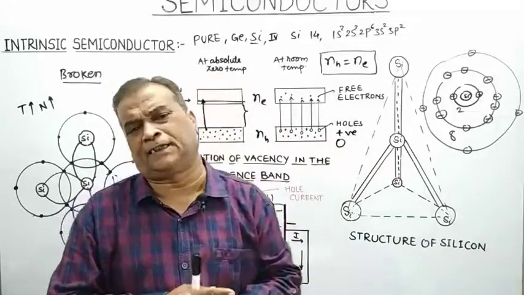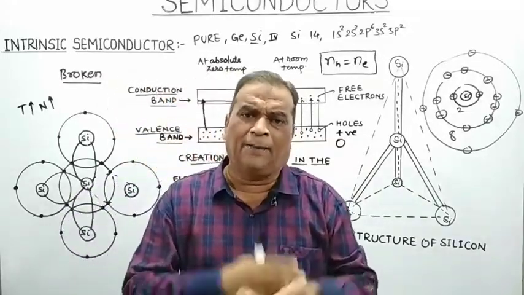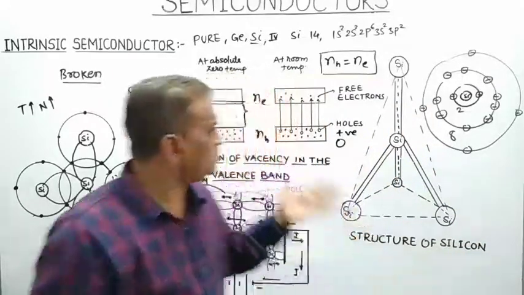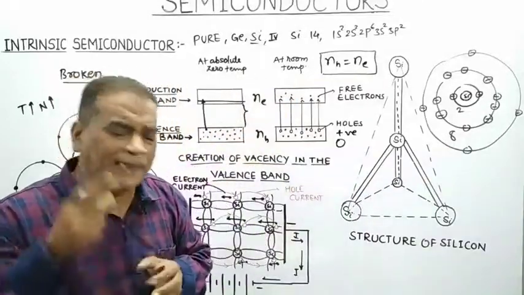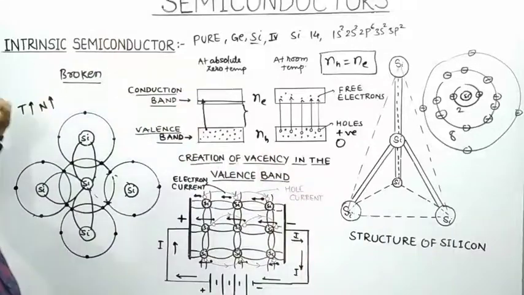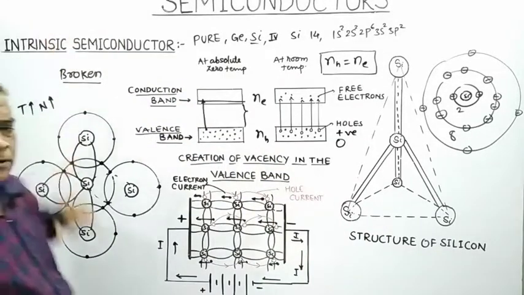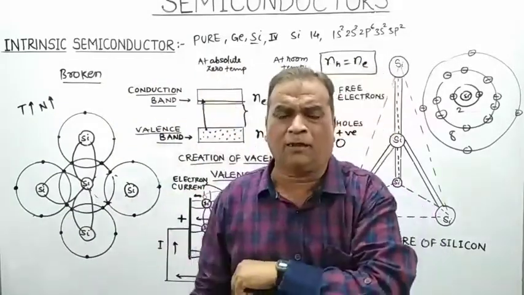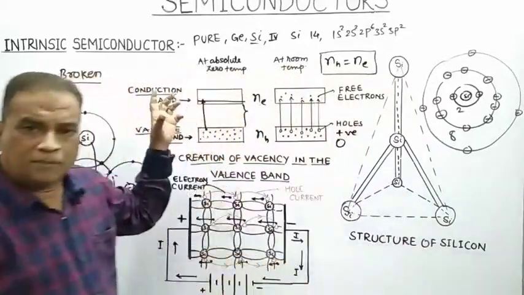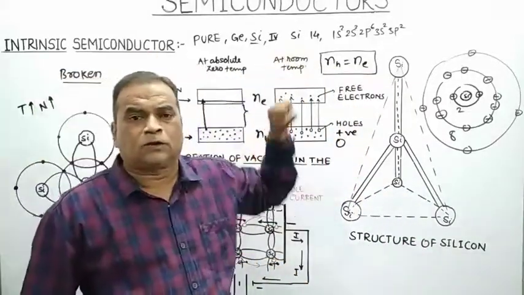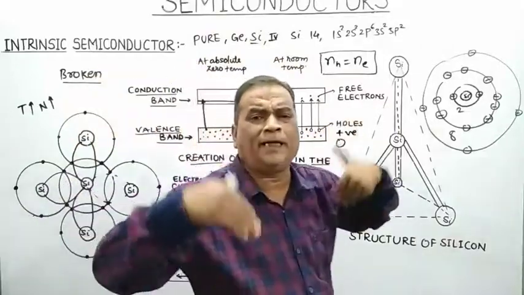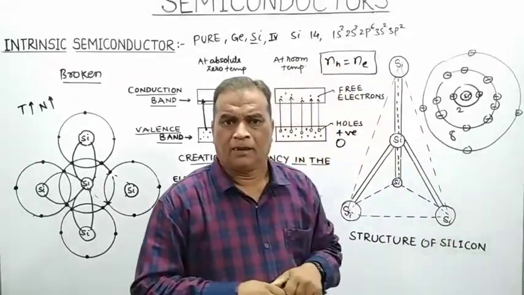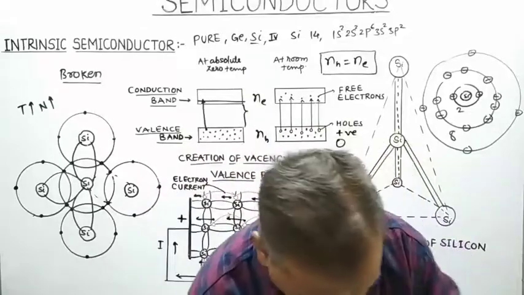Means there are two charge carriers in an intrinsic semiconductor, and both of these charge carriers or any one of them may contribute in the flow of electric current through it. And due to this property, intrinsic semiconductors have so many applications as far as designing of electronic devices is concerned.